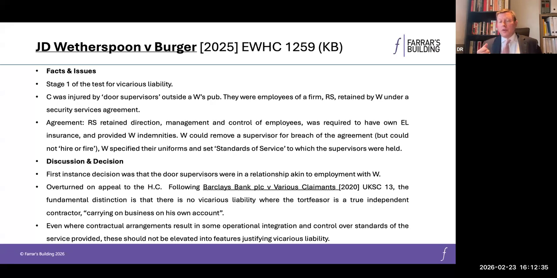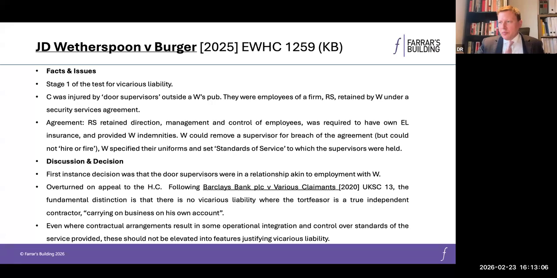RS provided Wetherspoons with indemnities for liability arising out of the door supervisor's acts or omissions. On the other side of the coin, Wetherspoons had the power to remove a door supervisor if there had been a breach of the agreement, could specify what the door supervisors were supposed to wear, and could require them to meet a whole host of other standards in the performance of the contract.